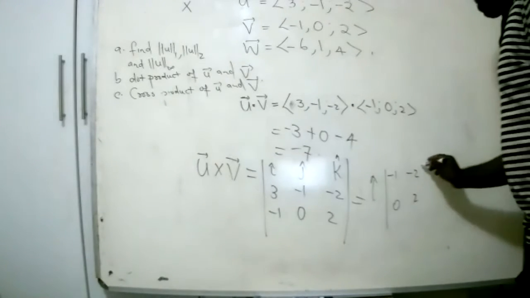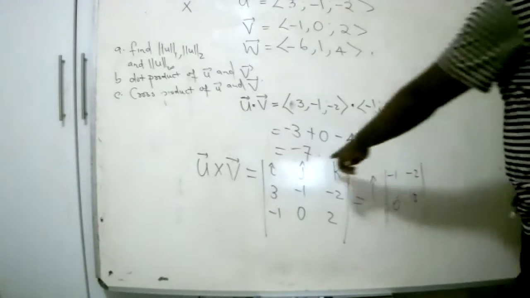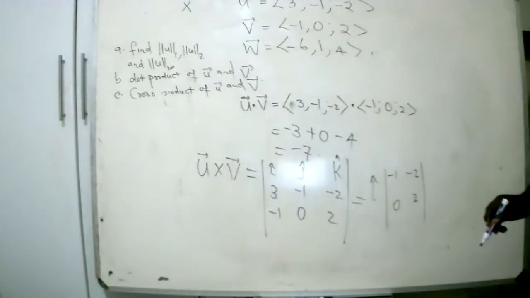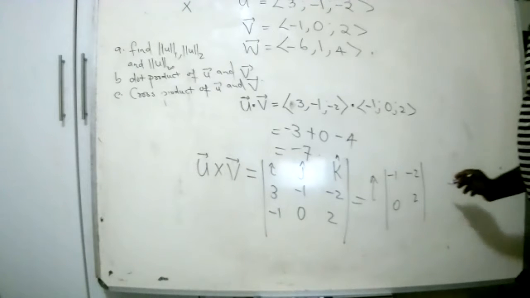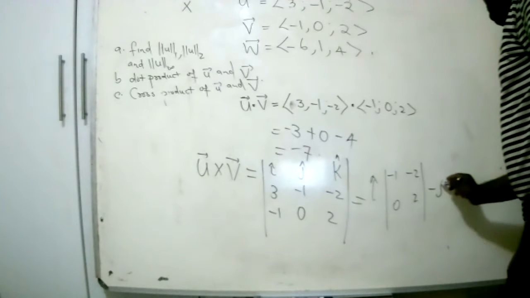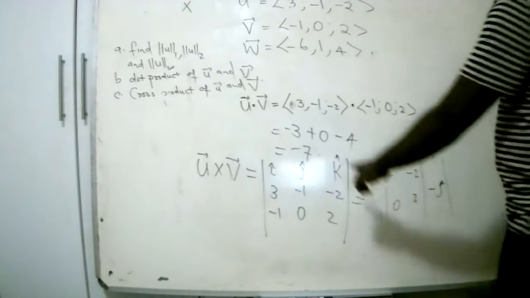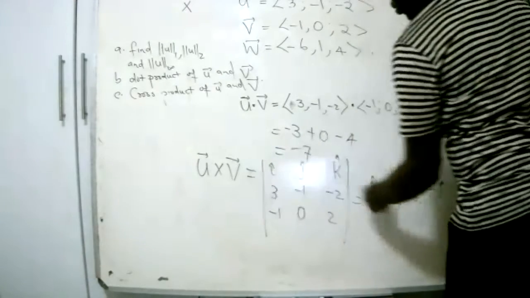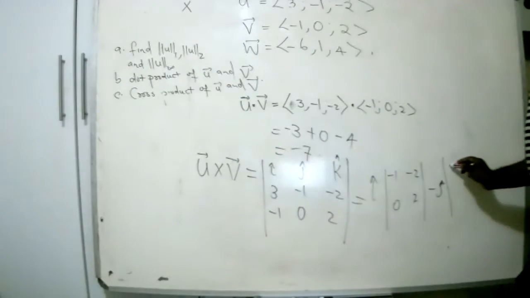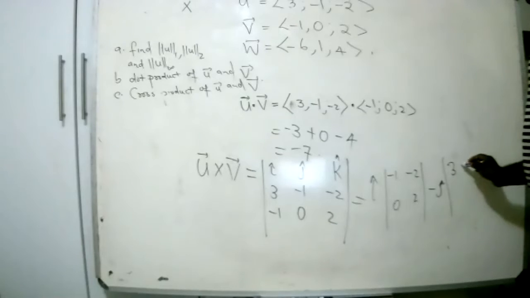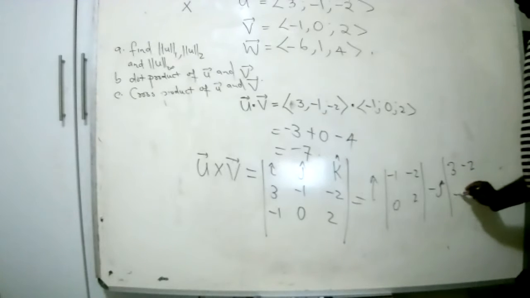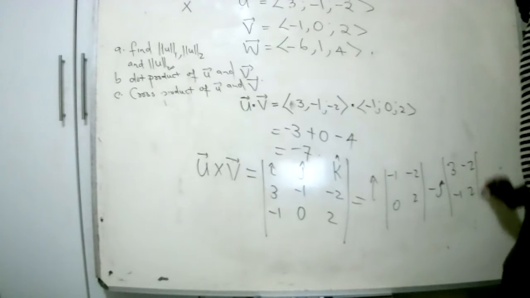And then j takes a negative sign, giving negative j. So recall that this one and that one is okay: 3, negative 2, negative 1, and 2.